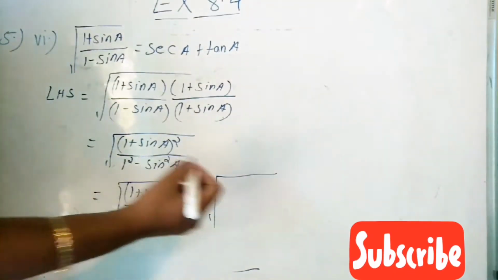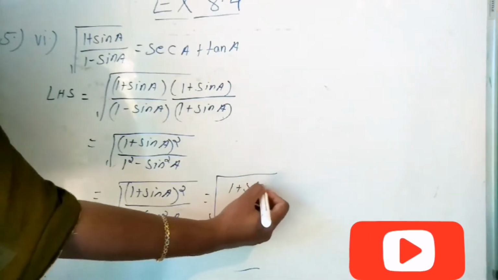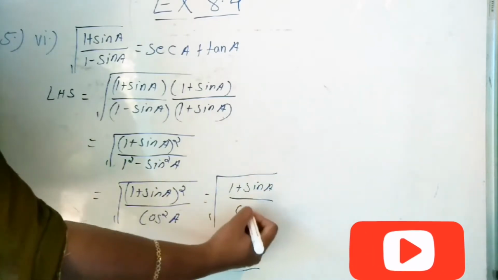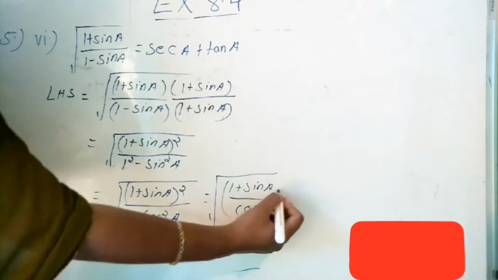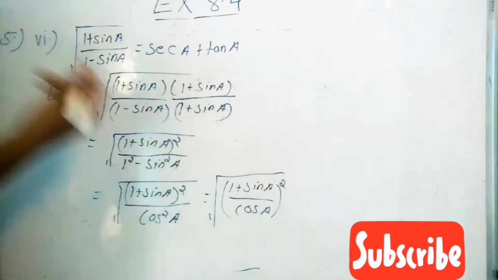And thus we can write it as (1 plus sine A divided by cos A) all square, because in numerator and denominator we have square.